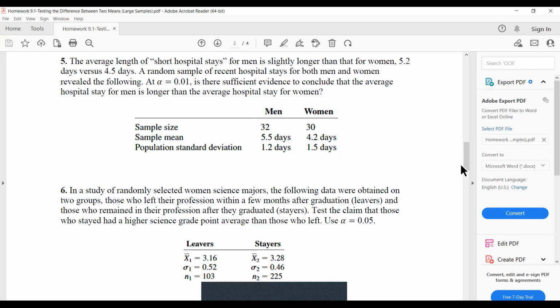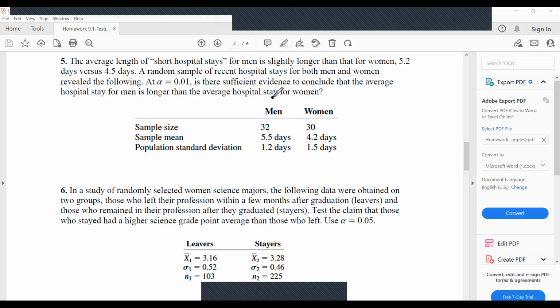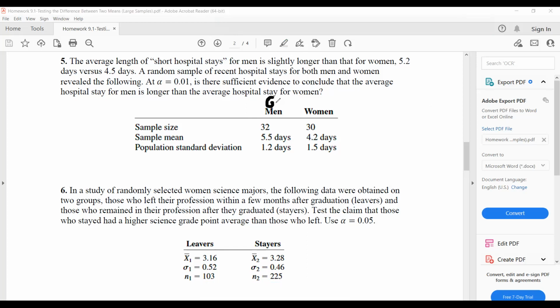If you decide, and you certainly can, to make group 1 the men, and you make group 2 the women, then here it says that the average hospital stay for men is longer than the average stay for women.